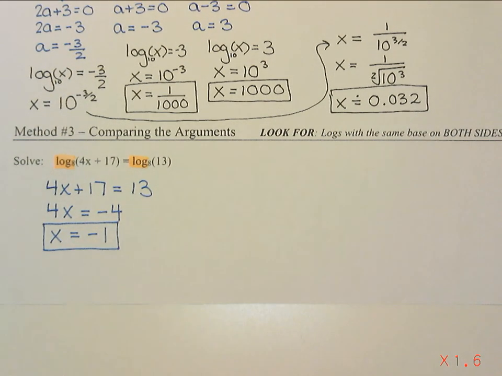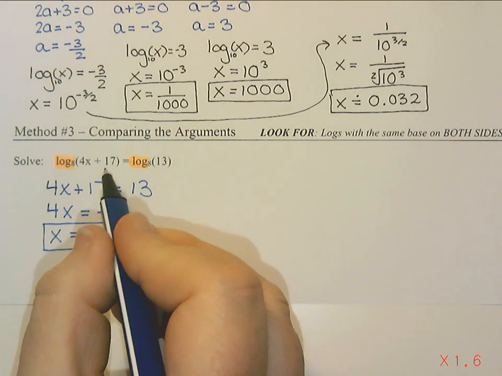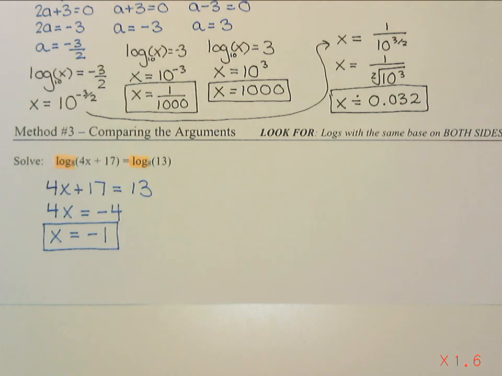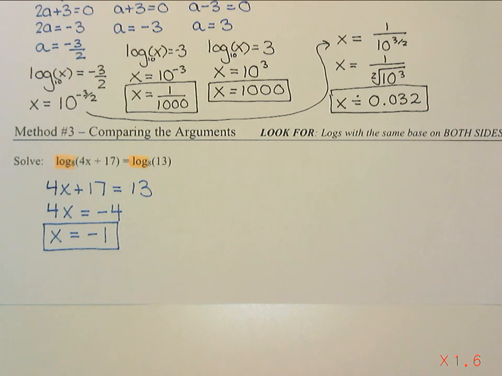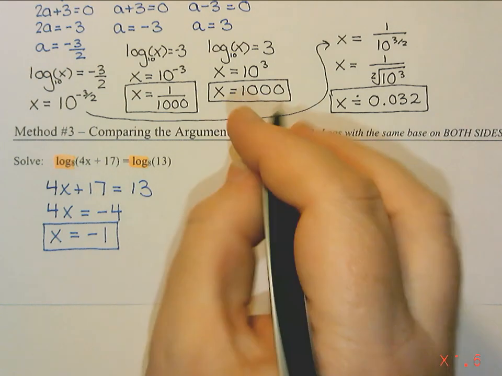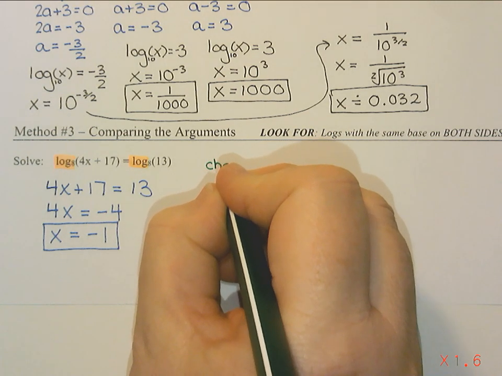Now, I do need to just check and make sure that I'm not going to get either a 0 or a negative number in my argument. Now, I don't have to worry about the 13, it's just a number, but I do need to think about the 4x plus 17. You don't have to write it down. You can just check on your calculator.